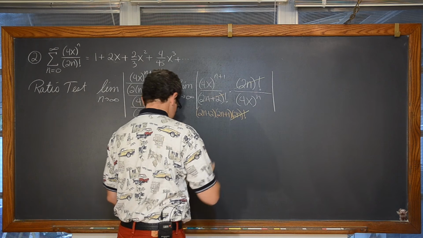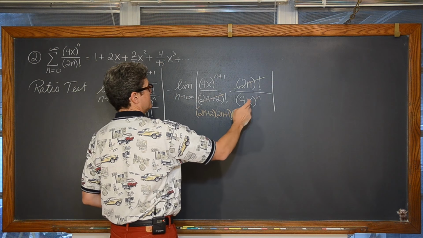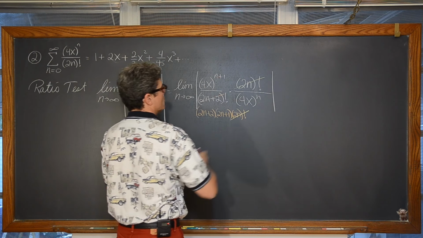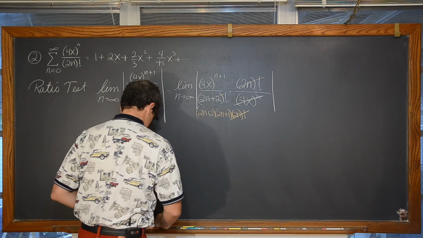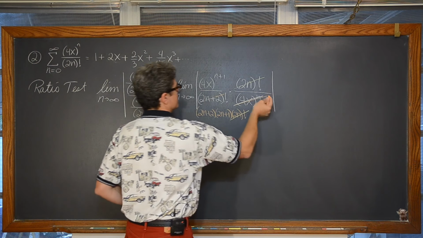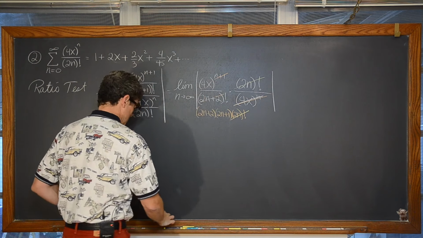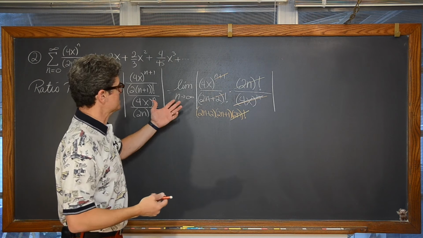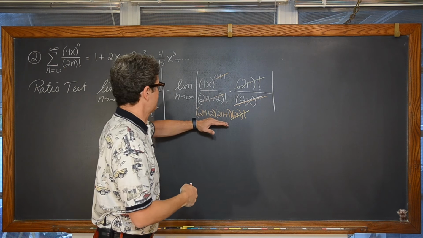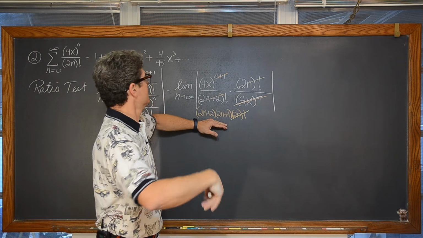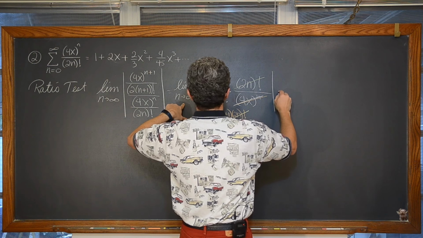In the denominator of our second factor, we have n bases of 4x. Here we have just one more, so this is going to cancel out and leave us with just one factor of 4x in the numerator. And this is really kind of simplifying, very similar to the previous one, but we have a lot of n's now in our denominator as opposed to the numerator of our last one.